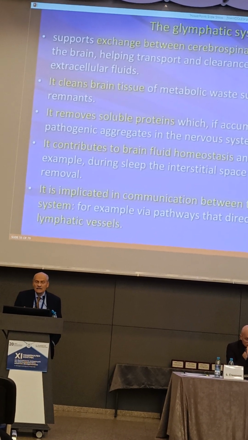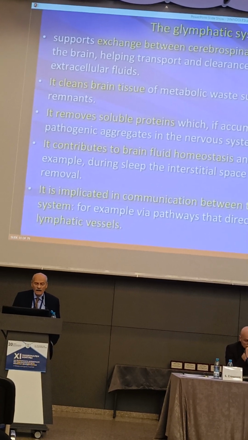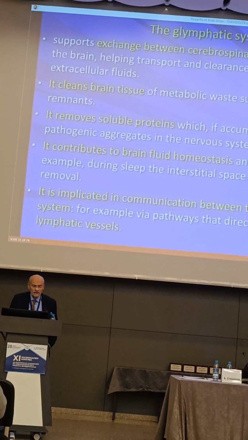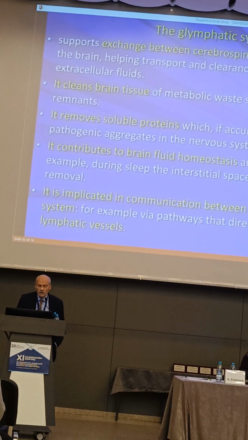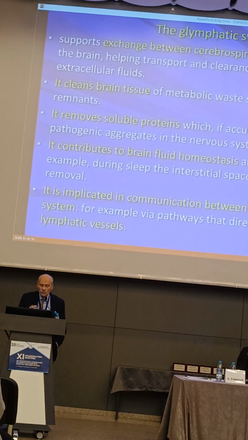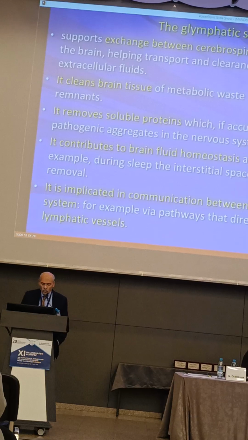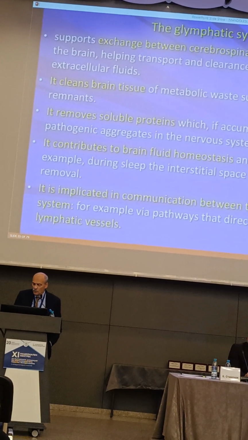The lymphatic system has a lot of functions. Exchange between cerebrospinal fluid and interstitial fluid, but it also cleans brain tissue and removes soluble proteins. It contributes to brain fluid homeostasis and is implicated in communication between the brain and the immune system.